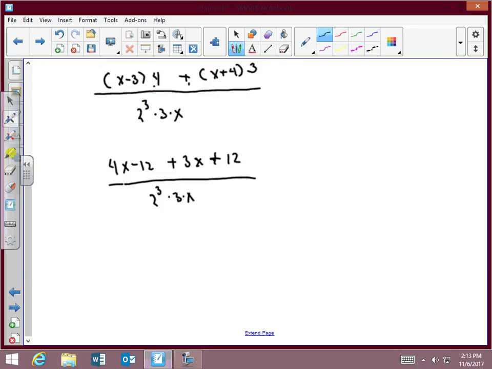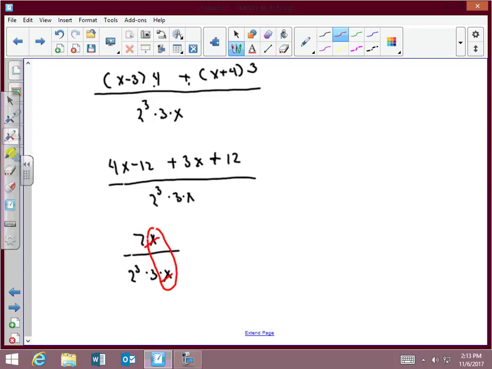Now you have to combine like terms in the numerator. Gives me 7x, and the 12s go away, right? Over 2 cubed times 3 times x. Now, notice that there's a common x over x, right? These right here.